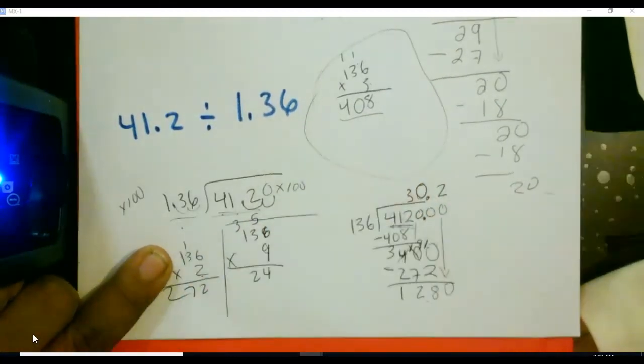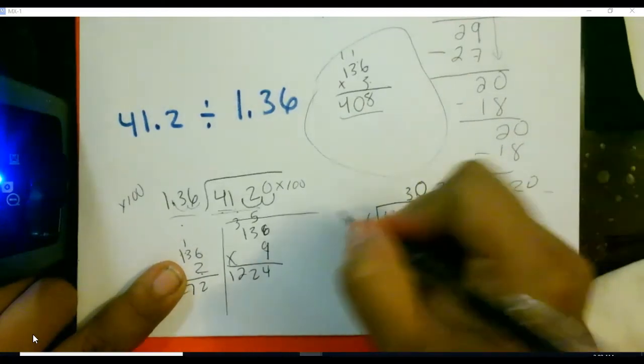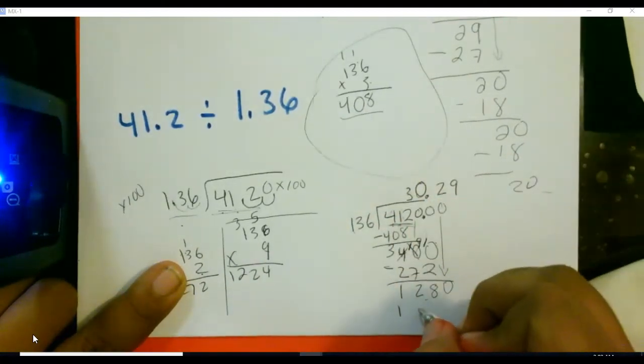And then 9 times 1 equals 9, plus 3 equals 12. 12, 24. Oh, it looks like I barely made it. 9 times 136 is 1,224.